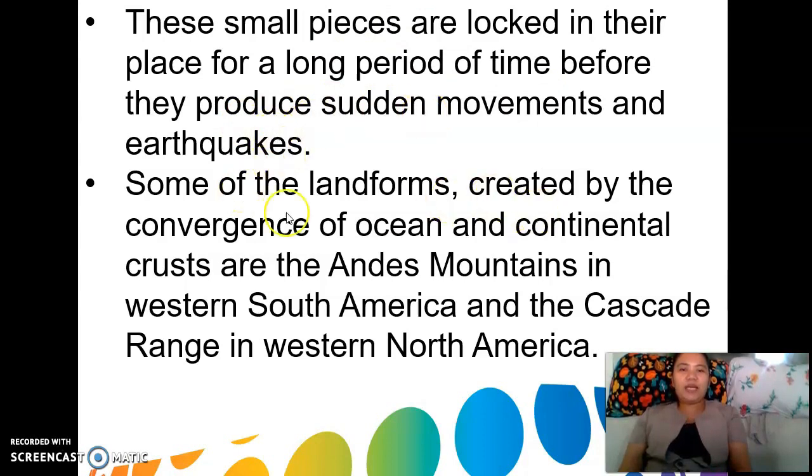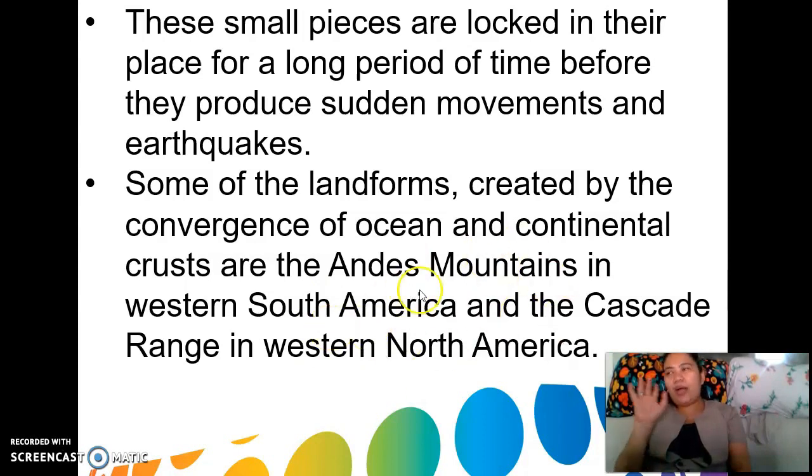Some of the landforms created by the convergence of oceanic and continental crust are the Andes Mountains in western South America. We're done discussing this one with different belts in the first three meetings that we had at the opening of our class this year, 2020.